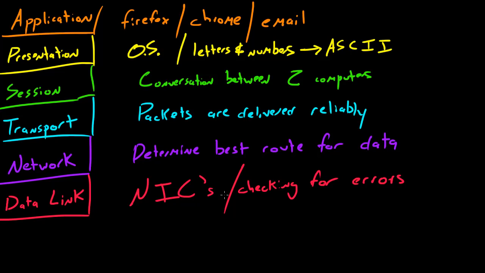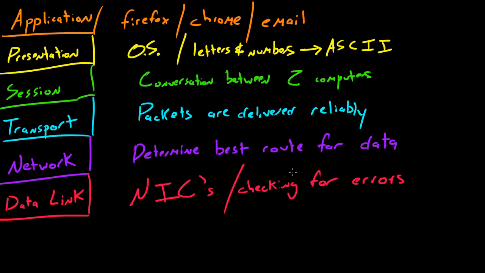So basically, just think of your network interface card as the main piece of hardware on your data link layer. Well, I don't want to say that because there are also switches, and we'll talk about switches and routers later on and the difference between all those. But basically, your network interface card and switches are the two most famous pieces of hardware on this layer, and it's responsible for checking for errors.